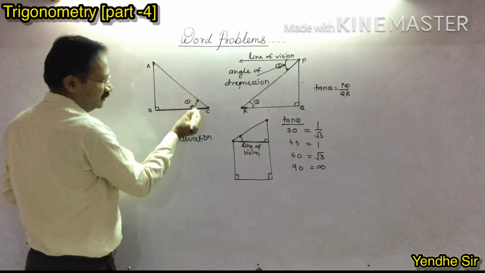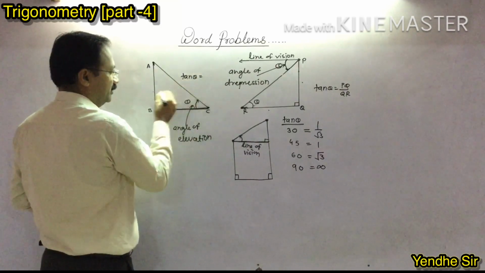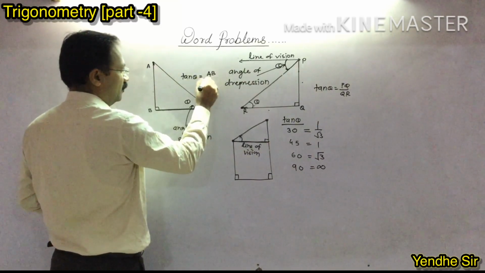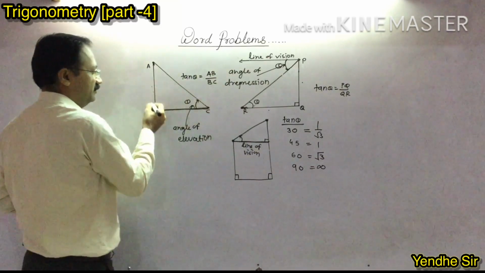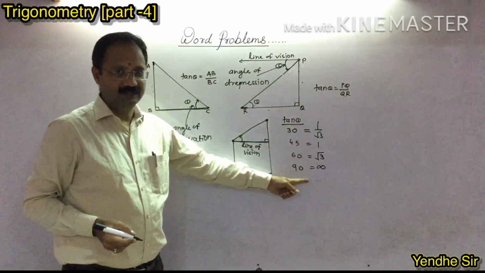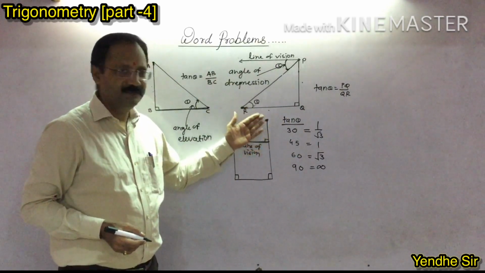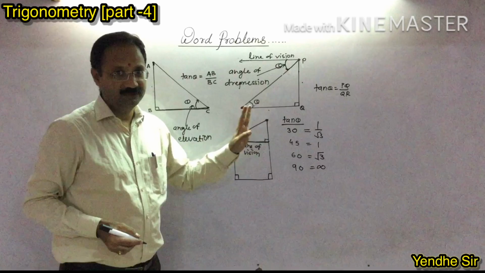And here, tan theta we can write as opposite upon adjacent, means opposite is AB and adjacent is BC. And then you have to substitute this value. Which angle is given? 30, 45, 60. Whichever is given, you have to substitute the value.